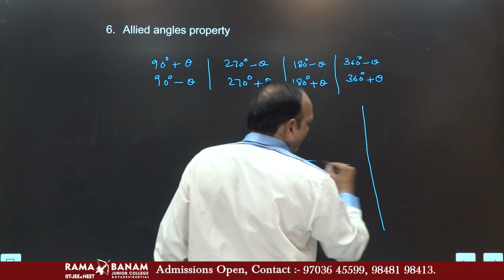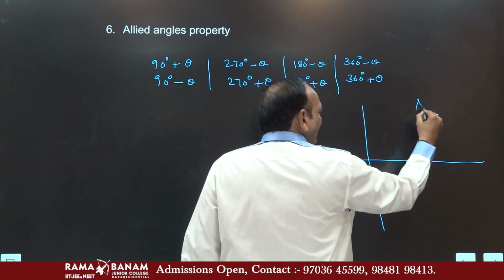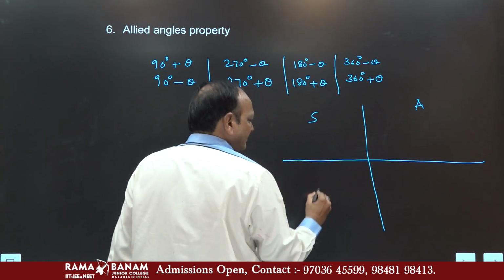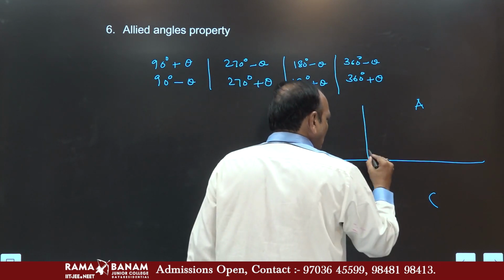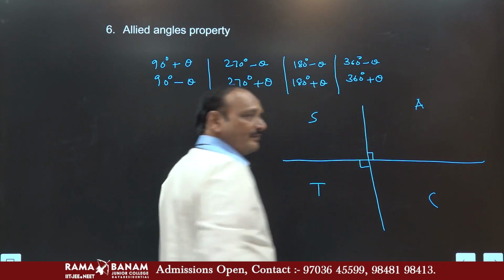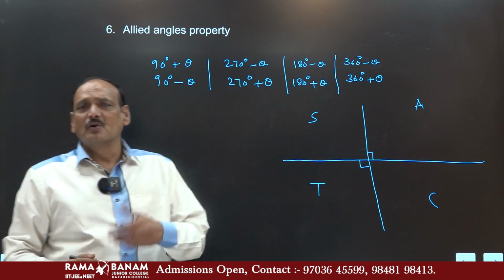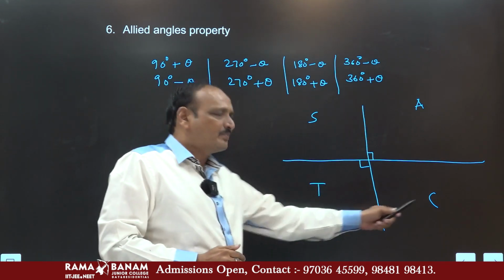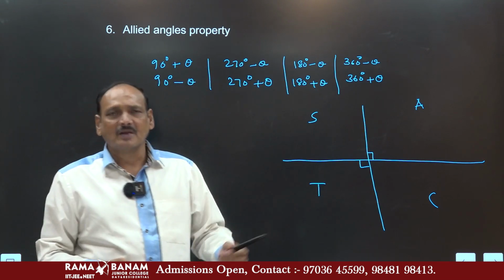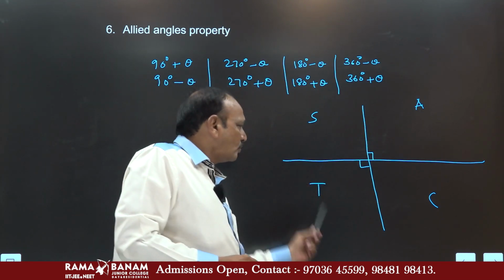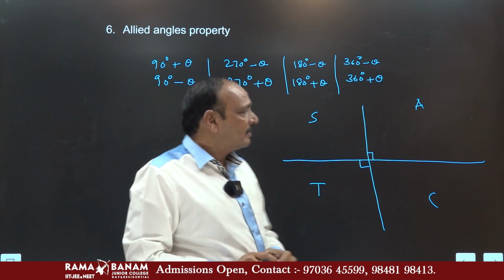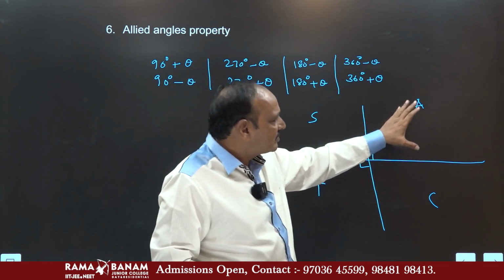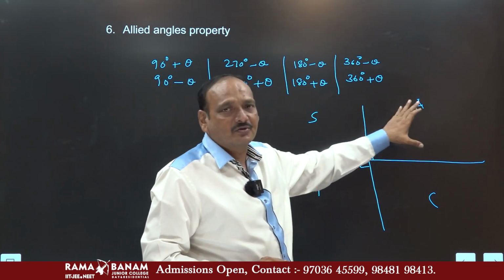Just add sugar to coffee. Previously your teachers would teach you 'all silver tea cups', but I am teaching 'add sugar to coffee'. In the first quadrant, all 6 trigonometric ratios are positive.